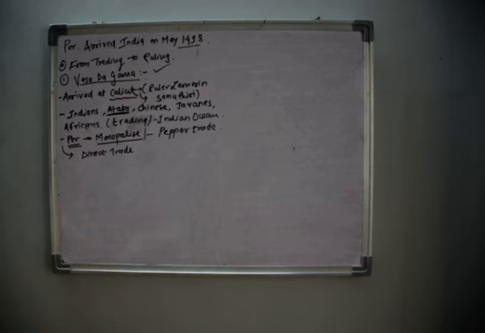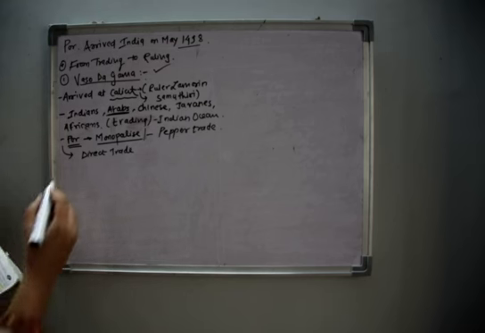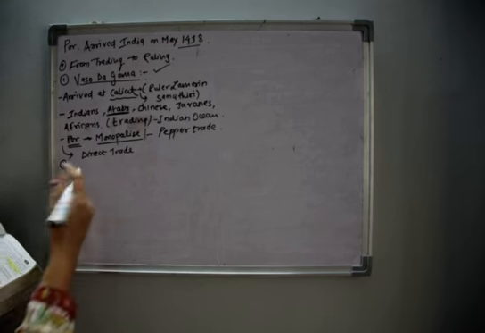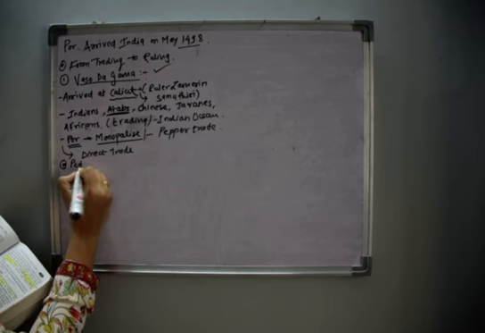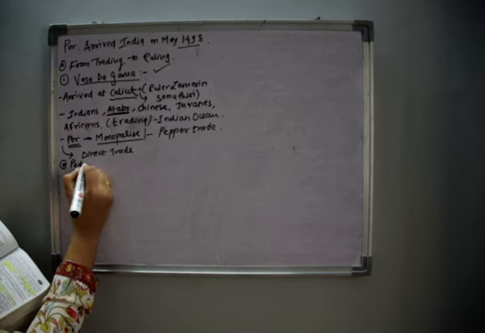Now, once more, another person is coming after Vasco da Gama. We are just going to note his name, and we are not going to note whom he fought with and all.